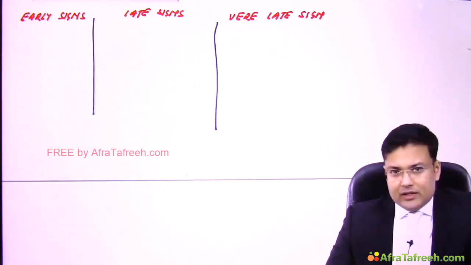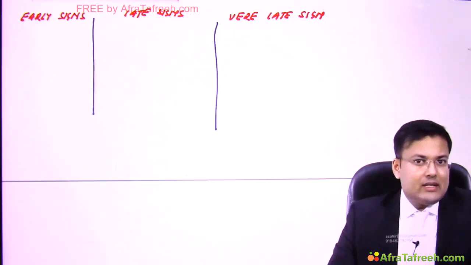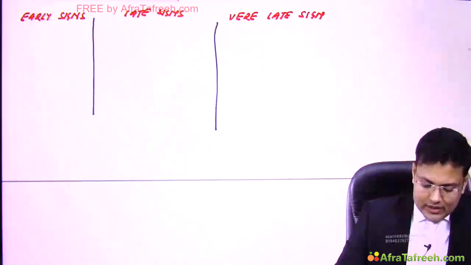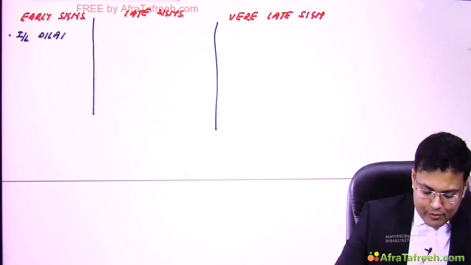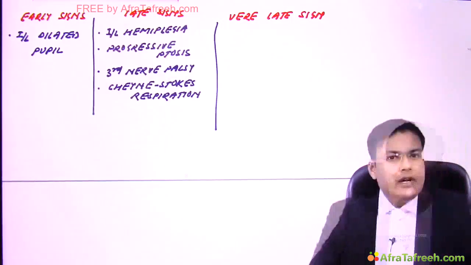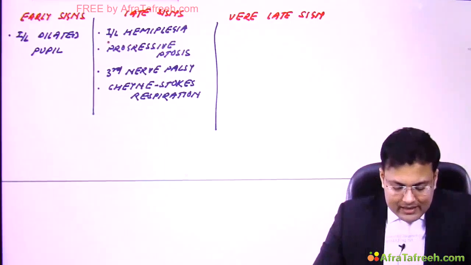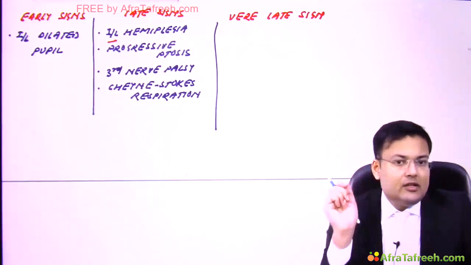There is compression of third nerve, so ipsilateral dilated pupil is an early sign. Late signs include ipsilateral hemiplegia, progressive ptosis, and third nerve palsy.